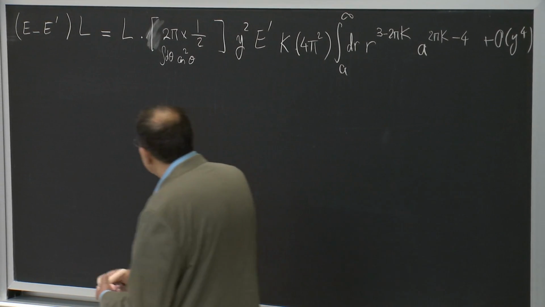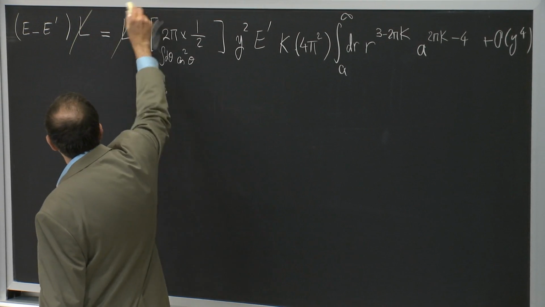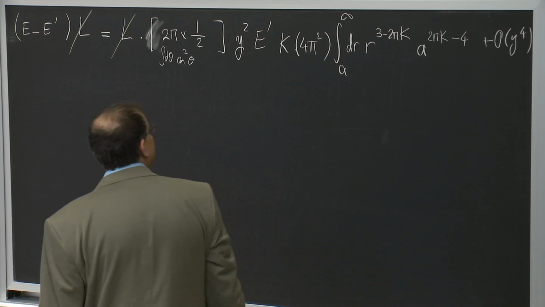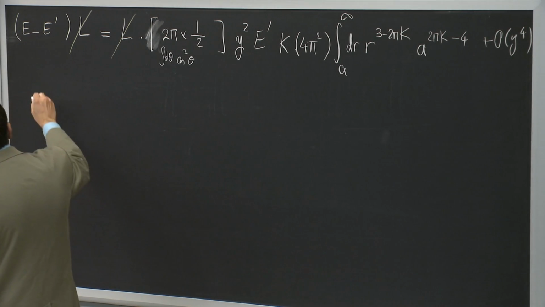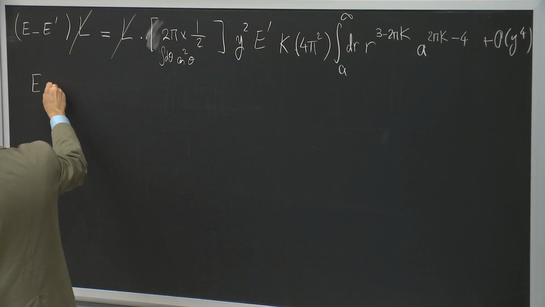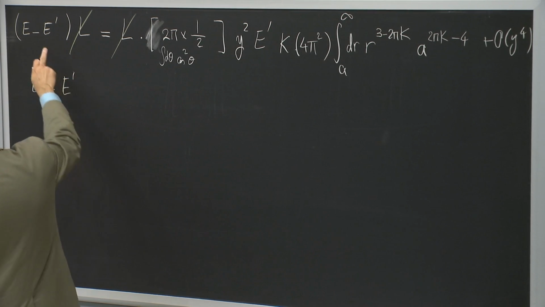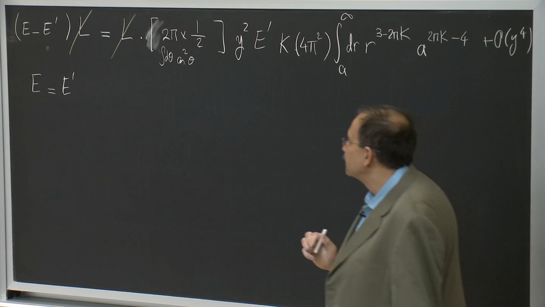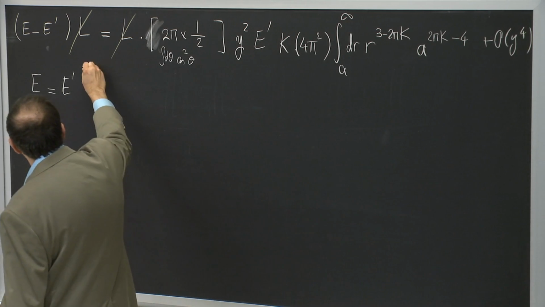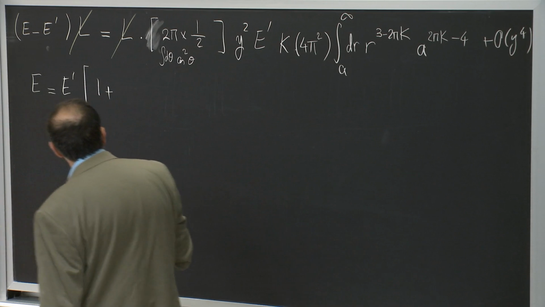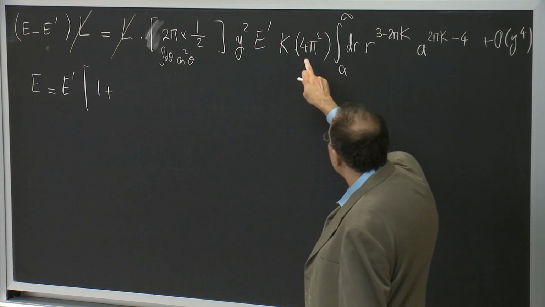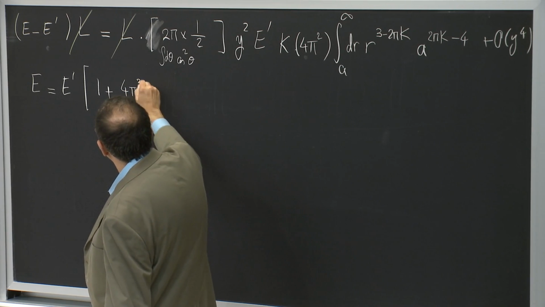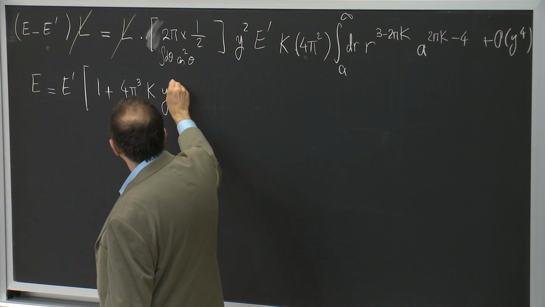So you can see that the L's cancel. And what I get is that E, once I take the E prime to the other side, becomes E prime times 1 plus 4 pi cubed k y squared.